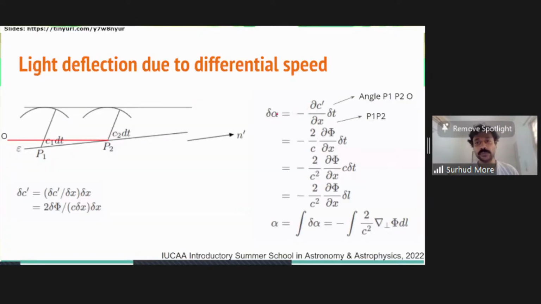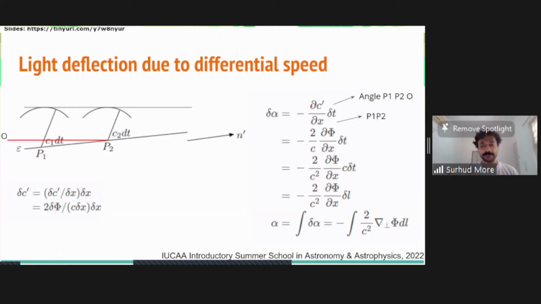So you can see this delta C prime delta T is this distance here, and then we are dividing it by delta X, which is the distance between P1 and P2. Okay? So this delta alpha is this angle P1, P2. Okay? So you can then go through the equations, and this delta alpha you can express by using these kinds of equations in terms of the potential itself.